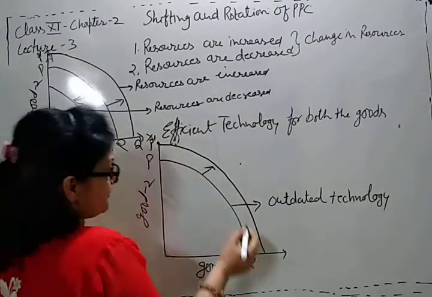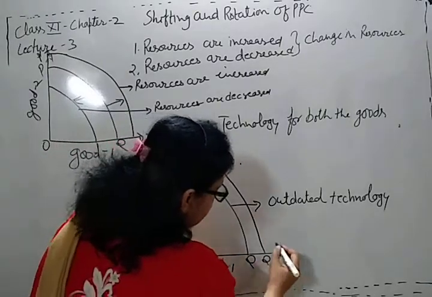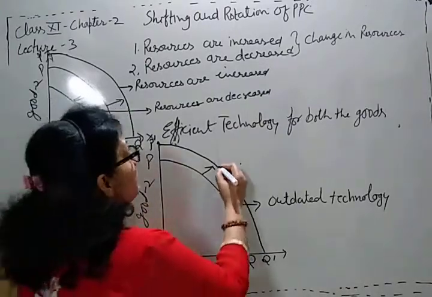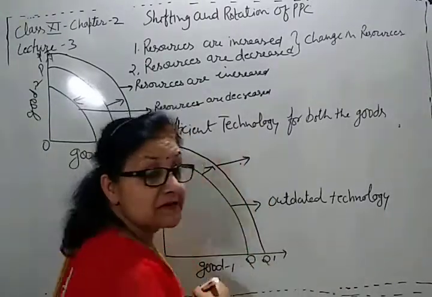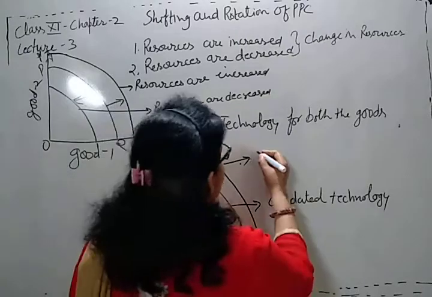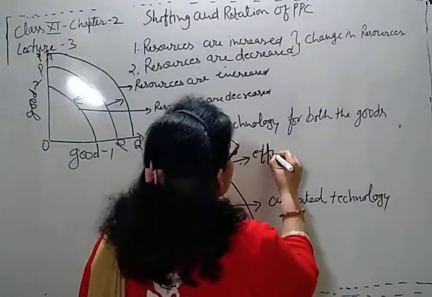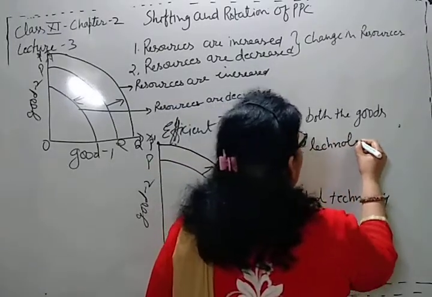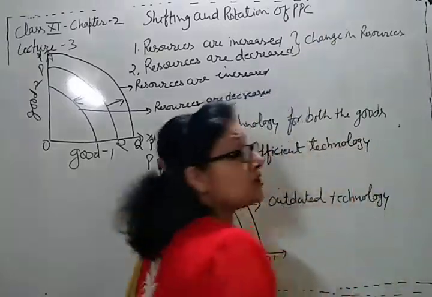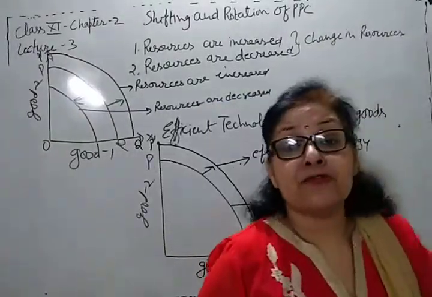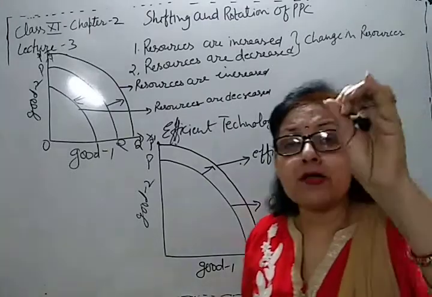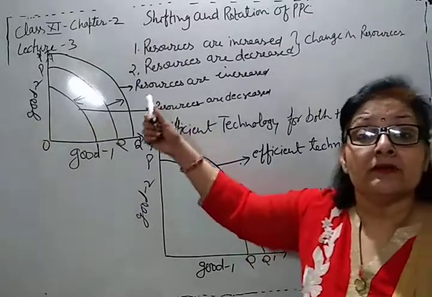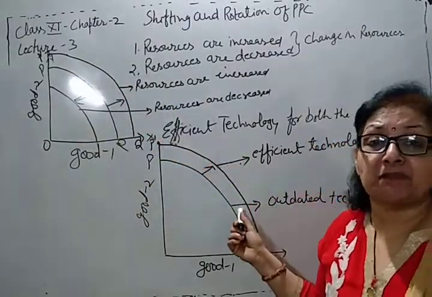Now we get new PPC, that is P1Q1, and it shifts from left to right. We achieve this PPC when we use efficient technology or modern technology for the production of both goods. Clear beta or not? This is how shifting in PPC takes place.